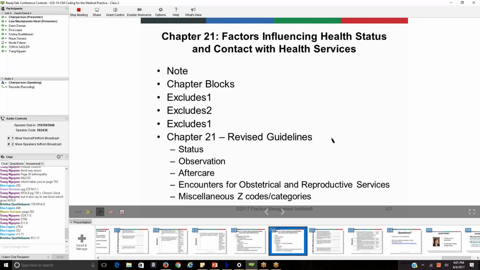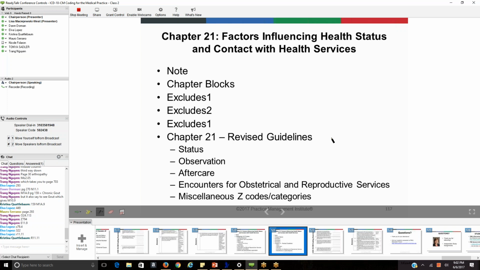There are annual wellness exam codes. There are codes for immunizations. There are codes for different types of counseling. So if a patient goes to their OB for birth control counseling, there's a Z code for that. And for certain kinds of genetic testing, there are Z codes as well. So be aware of that. They're fairly easy to code.